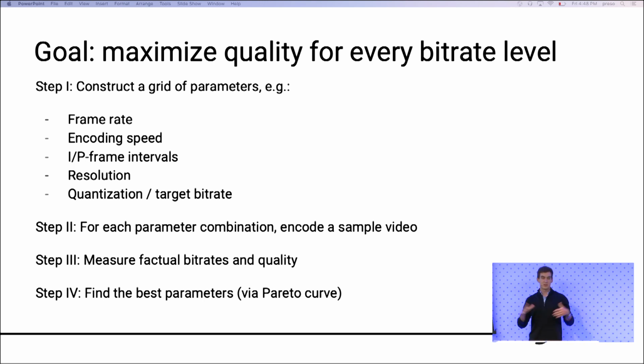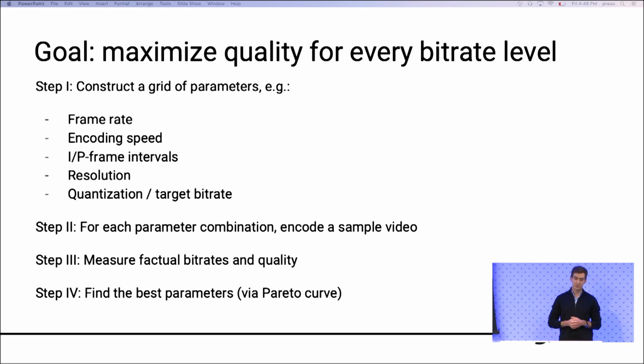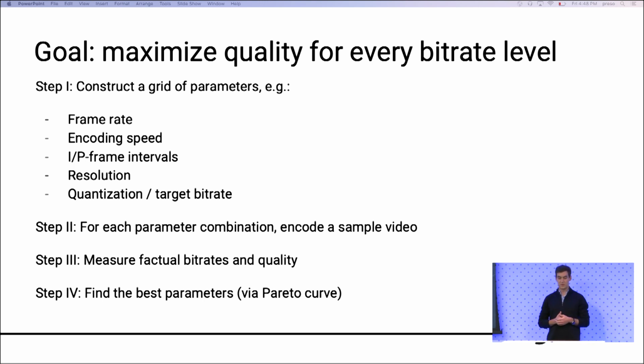Then we generate a large grid map of all of these parameters in hundreds or thousands of combinations. And then we run an encoding with the encoder of choice with the full grid map and measure the bitrate and quality. And finally, we try to construct the curve of the best parameters, the parameter curve that we should operate our encoder on.